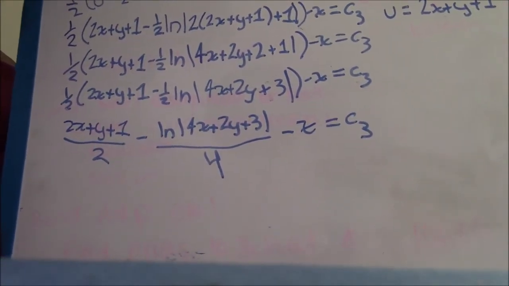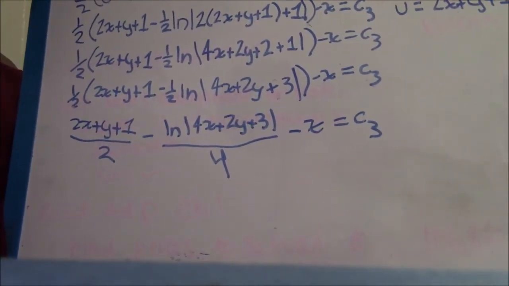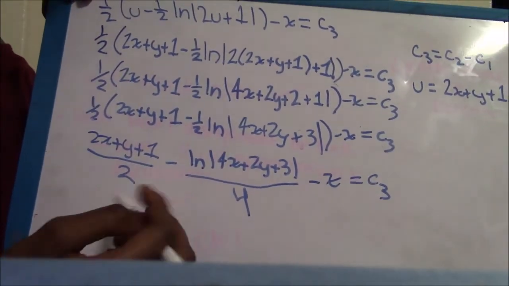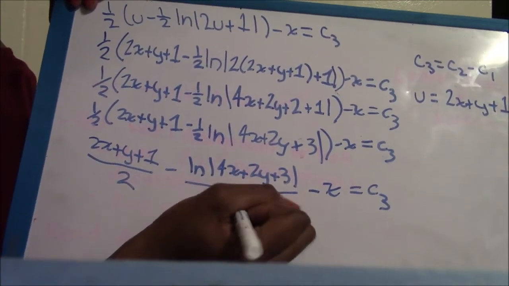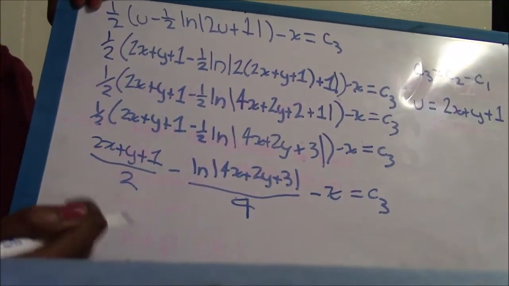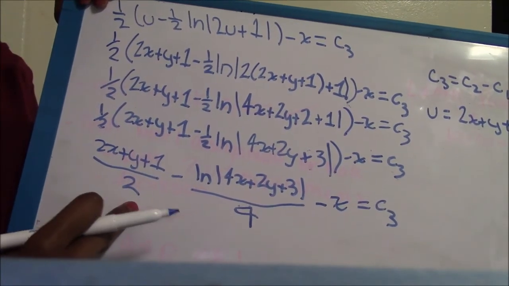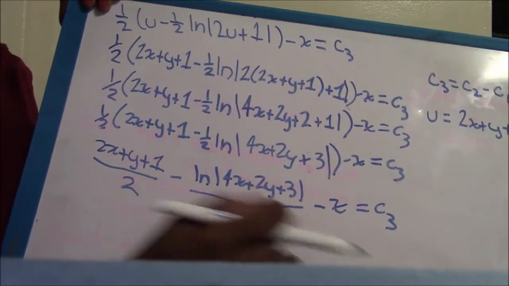Now, if we want this to look prettier, we have to find the common denominator, and this is going to help us with the C in the end to find our final C. If we want a common denominator, the best looking one is 4 right now. So we're going to multiply this by 2 over 2 to get this one to be 4. And we're going to multiply this by 4 over 4.